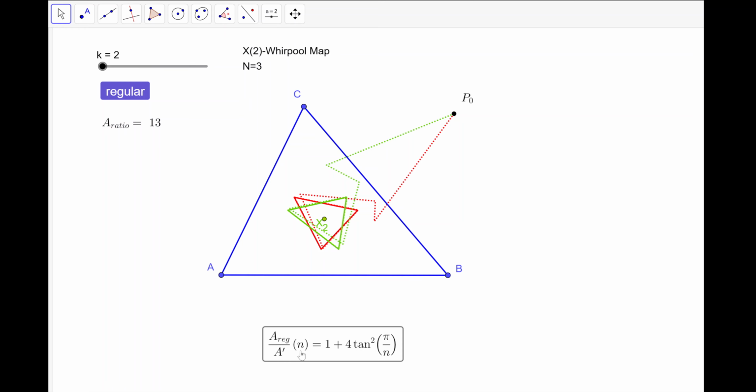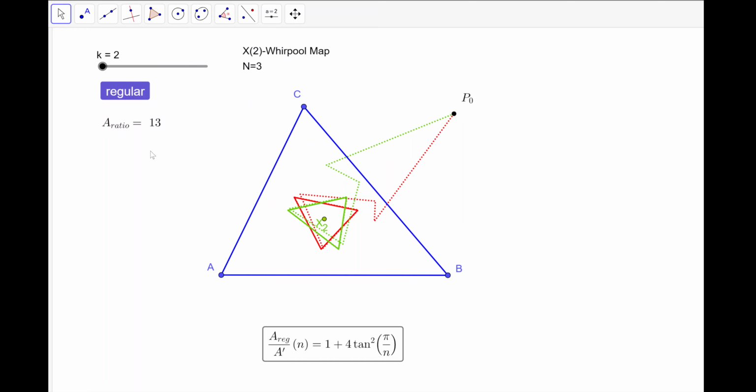It can be shown. Now what Mark derived was that for any n, this ratio, it's 13 here, right, is going to be given by this formula. So if you actually run this formula, you're going to notice that you get this beautiful number 13, which is quite amazing.